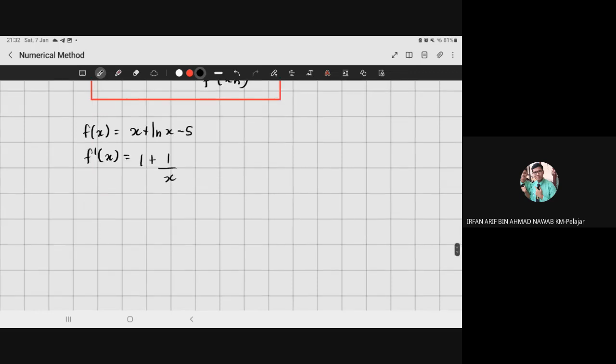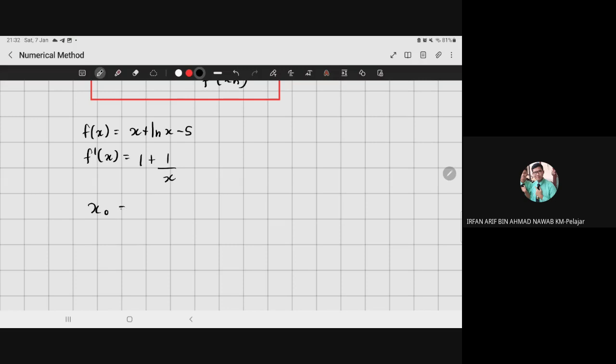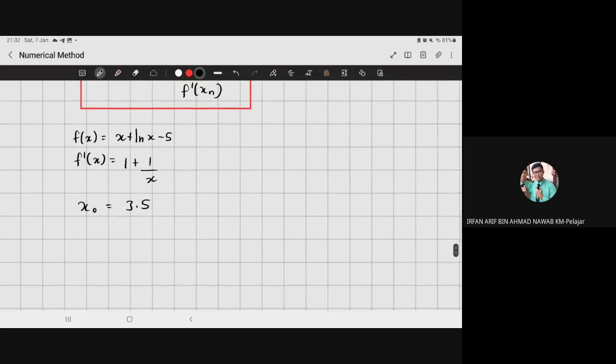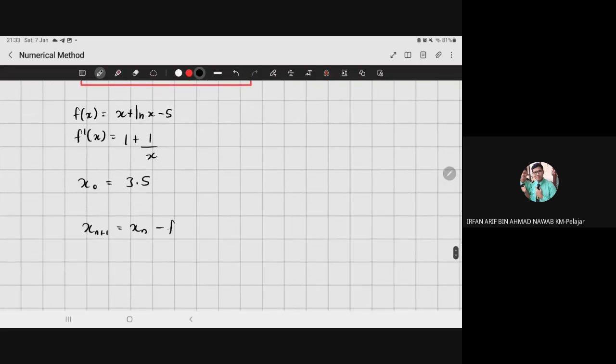Okay, let's start with x sub 0 is equal to 3.5 as our initial value. First things first, I recommend you write down the formula first, then you substitute the values. So let's write down the formula. x sub n plus 1 is equivalent to x sub n minus f of x sub n divided by f prime of x sub n.